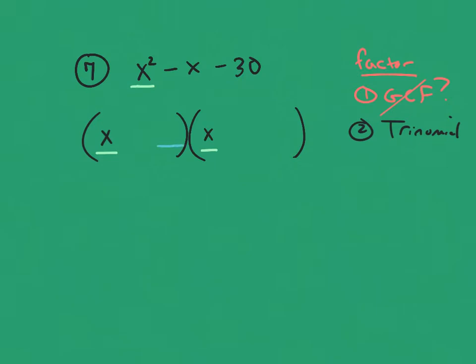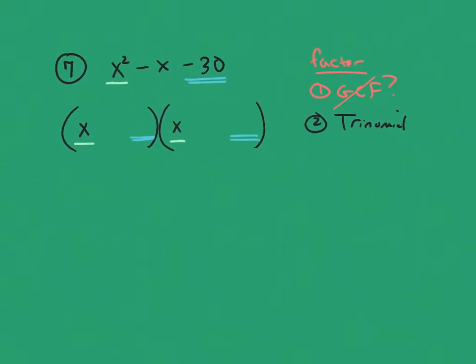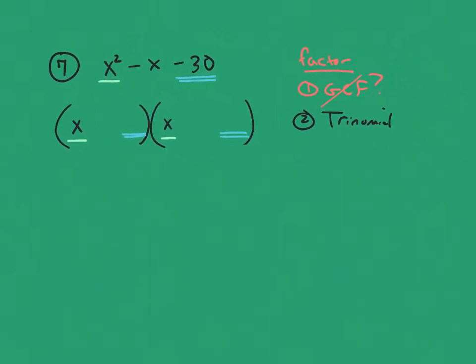And then the last thing in both of those has to multiply to be negative 30. So down here below, I'll go ahead and write negative 30. And then I'm not going to include the sign on the factors, but we'll figure that out here in a minute. But 1 and 30, one of those would need to be negative.